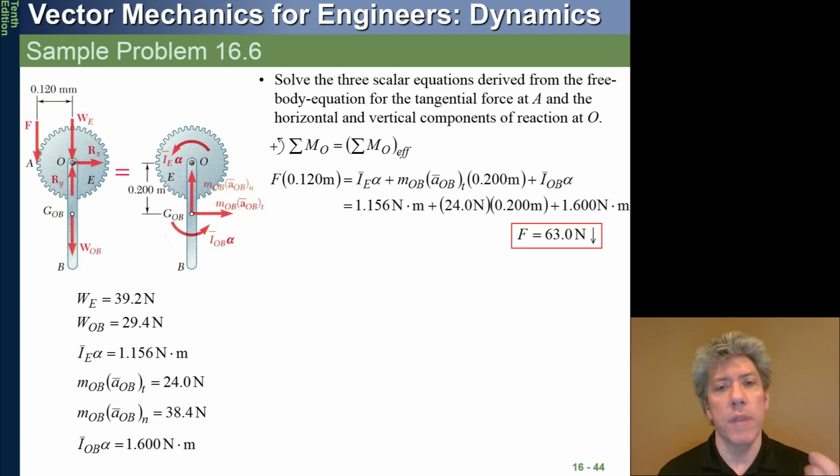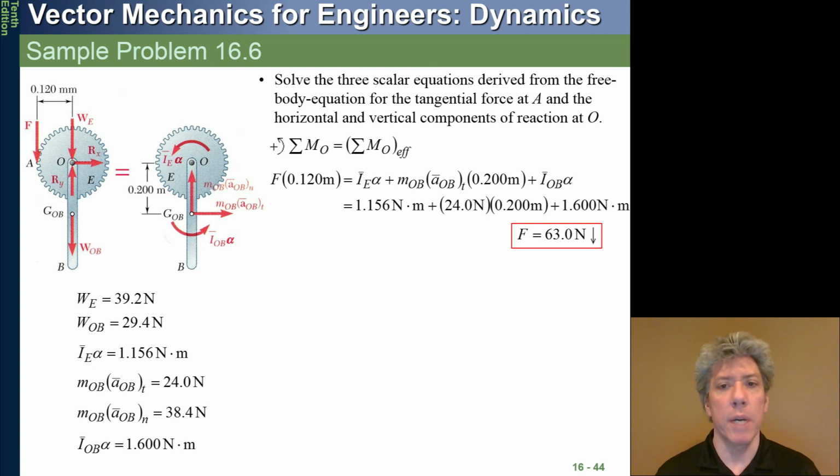And so you notice that they've got F times the moment arm on the left-hand side. That's the sum of all the moments acting on these two bodies about O. And then they've got I alpha for both the gear, I guess they're calling that body E, and IOB, the bar. But then they've got this other term in there that's kind of weird.